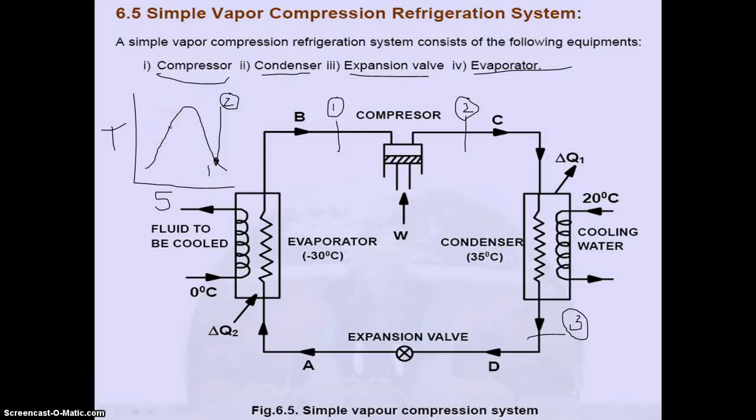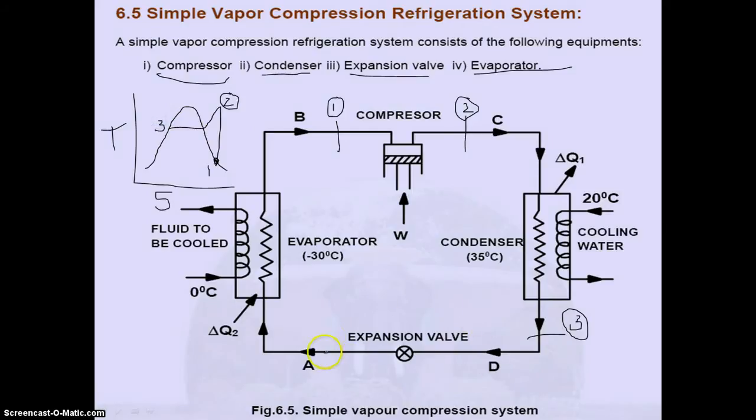To take this refrigerant from point 2 to point 3, first we need to cool it to the vapor line, then remove latent heat to reach the liquid line, like this. This is happening at constant pressure. Here the temperature will vary because it is sensible heat, but during the phase change the temperature is constant. So this is point 3.